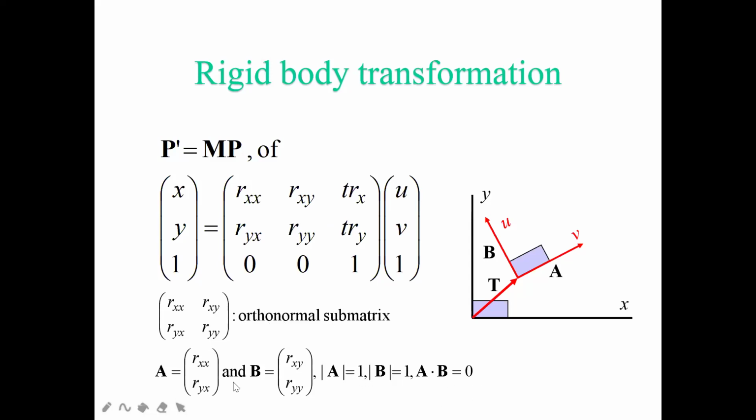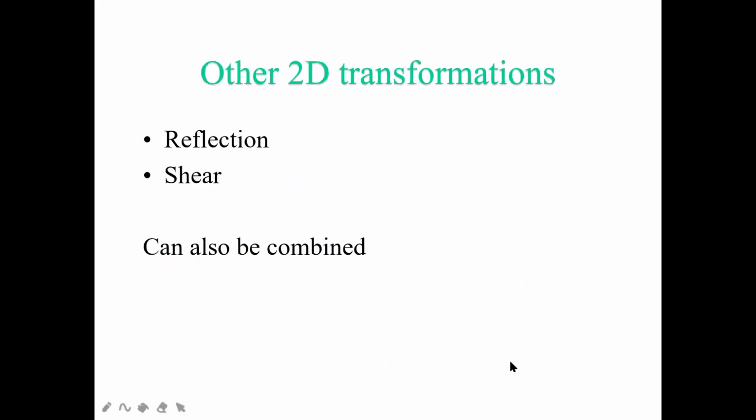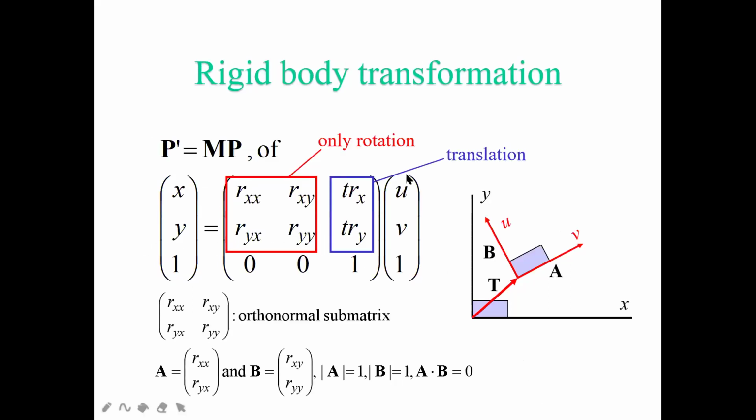That's why we call these identical matrices and form them as your orthonormal submatrix. That's the reason we have written that the dot product will be equal to 0. Okay, so here you can see the notation, that is only for rotations. Now this is for your translations. Okay, so here you can see.